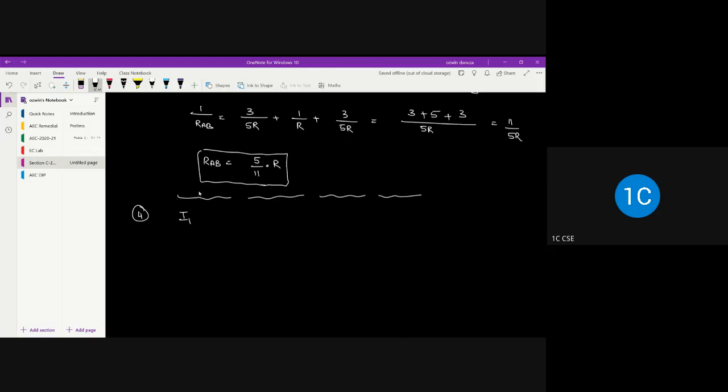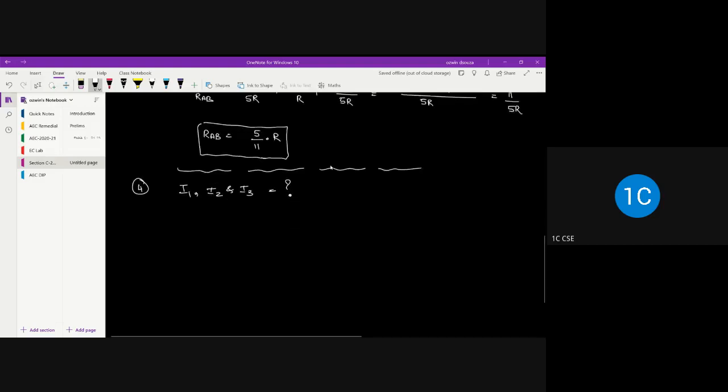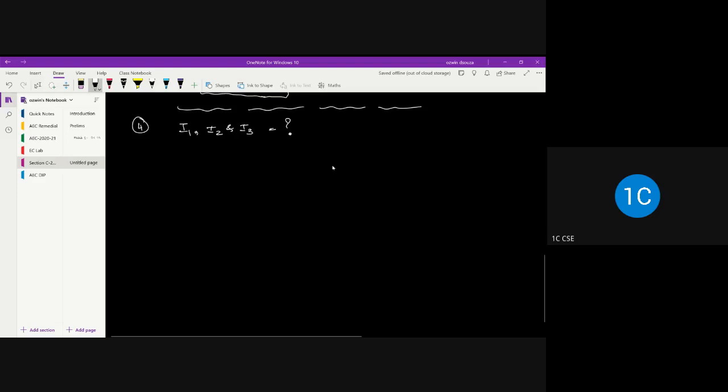Determine the currents I1, I2, and I3 flowing in the parallel branches in the network shown below.